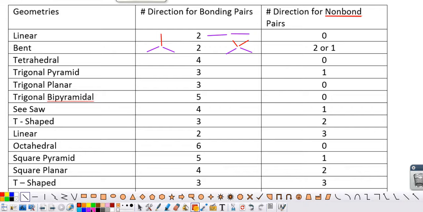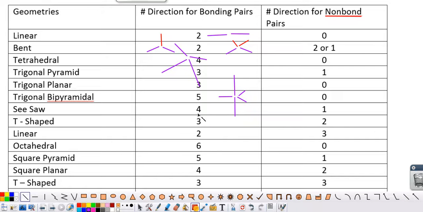Let's see, our tetrahedral, which you already know, is 4. Back to purple. 1, 2, 3, 4. And then you go trigonal pyramid, and you replace one of those with red. Trigonal bipyramid, this is a fun one. You have 1 up, 1 down, and then you have the little triangle around the middle.